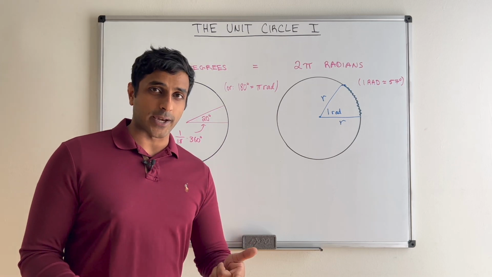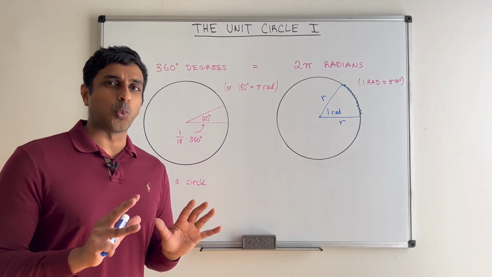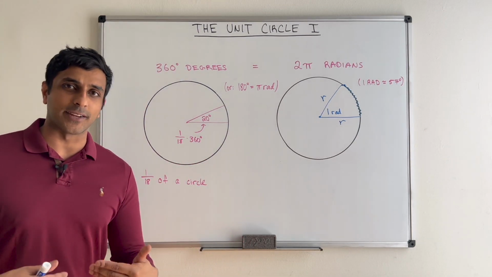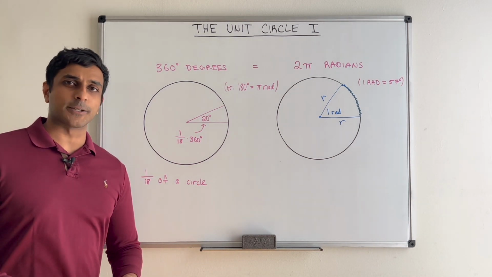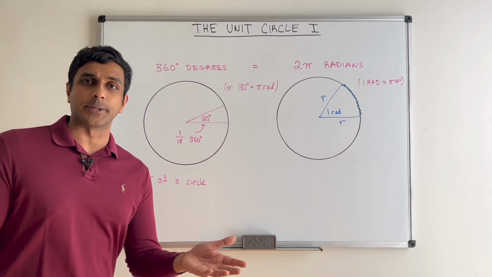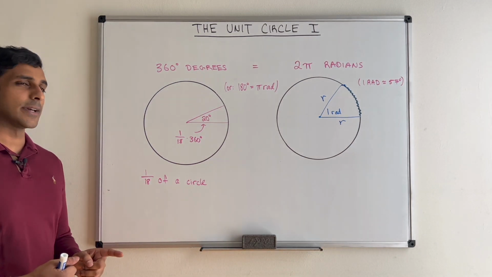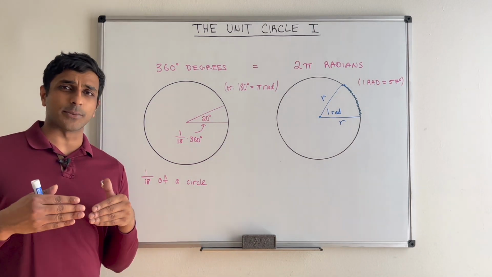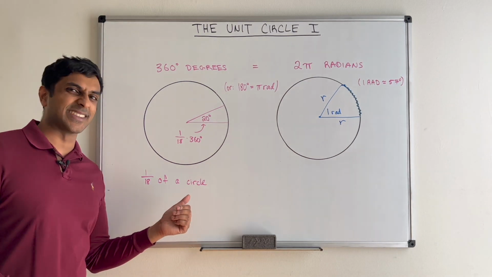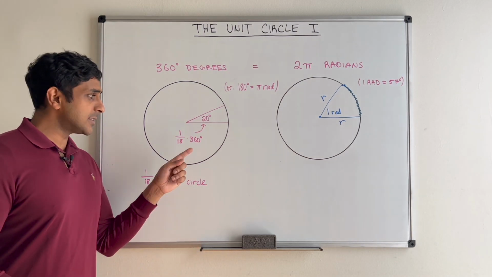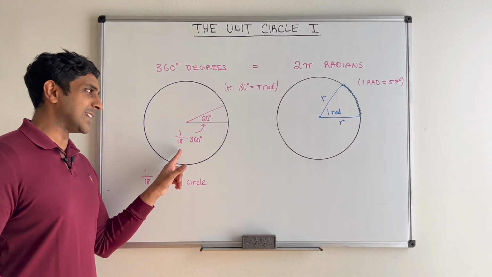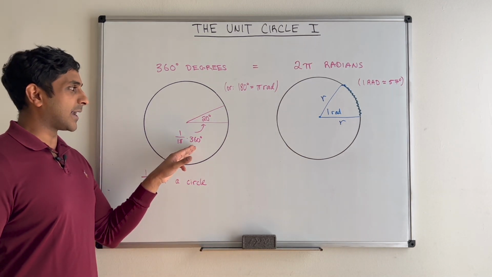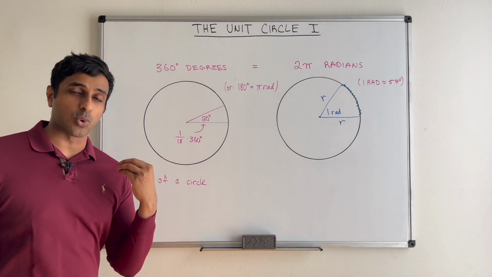But before we do that, let's stop and acknowledge why degrees and radians are defined the way that they are. For example, why are there 360 degrees in a circle as opposed to a nicer number like 100? Well, if we're thinking about some random fraction of a circle, like 1/18th of a circle, because the number 360 is evenly divisible by so many numbers like 18, 1/18th of that turns out to be a nice integer like 20 degrees.